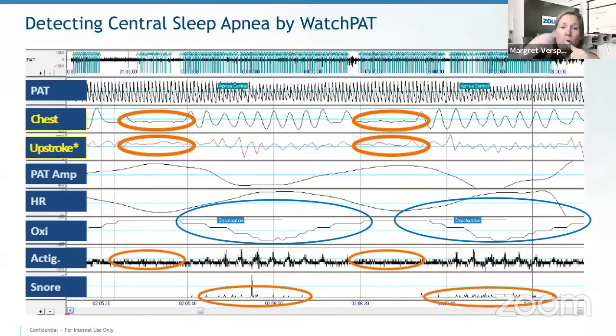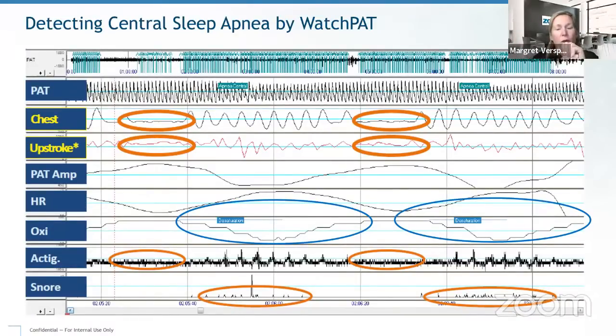Then we also look at the oximetry, because like I told you, in obstructive sleep apnea there is a gradual desaturation. There is an abrupt arousal, and after the arousal, we have a quick resaturation. It's typical for obstructive: the airway closes, saturation goes down slowly, arousal, deep breath, and a quick resaturation.